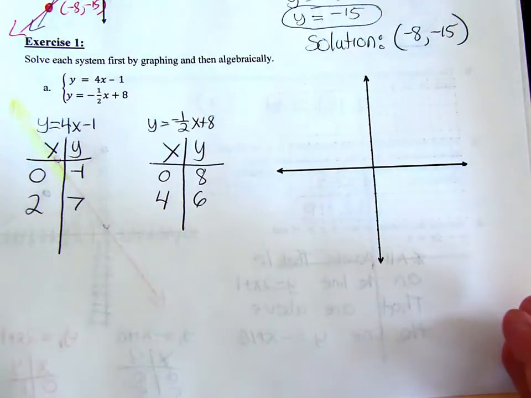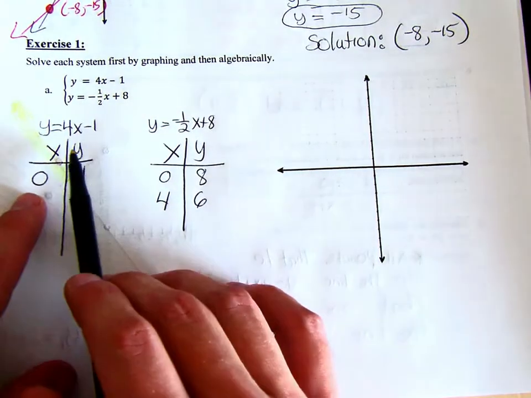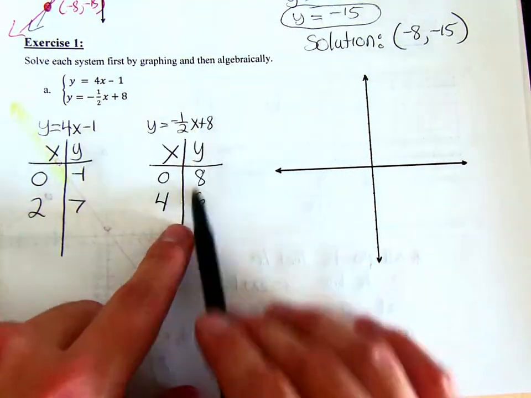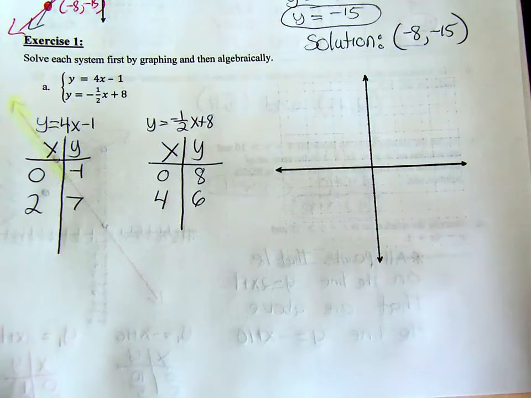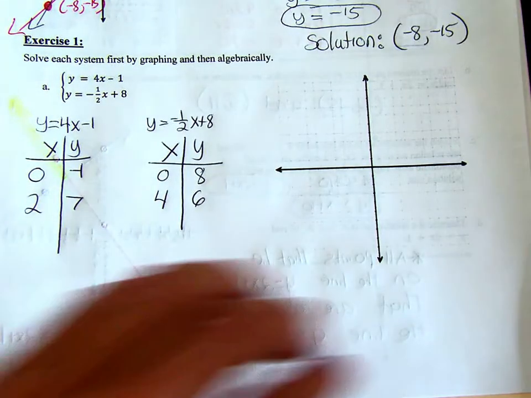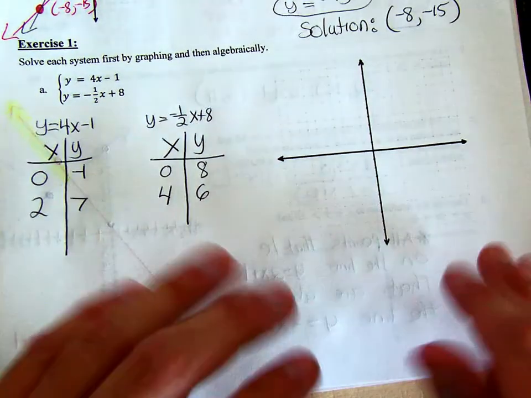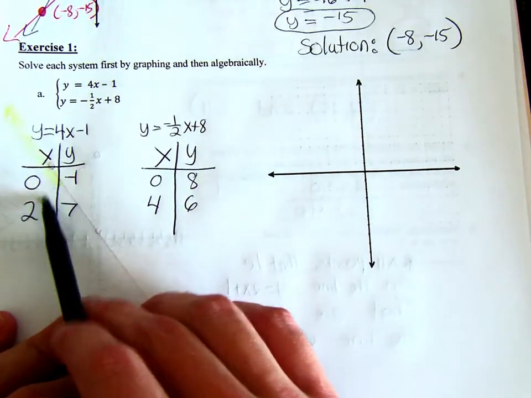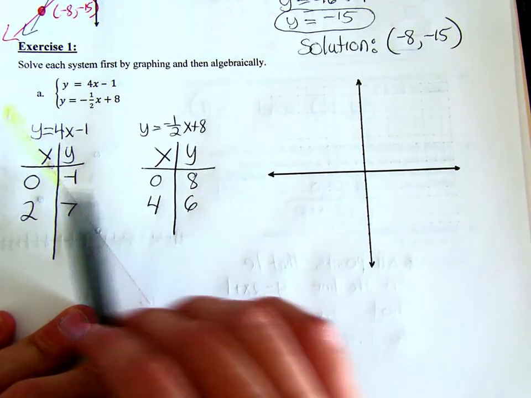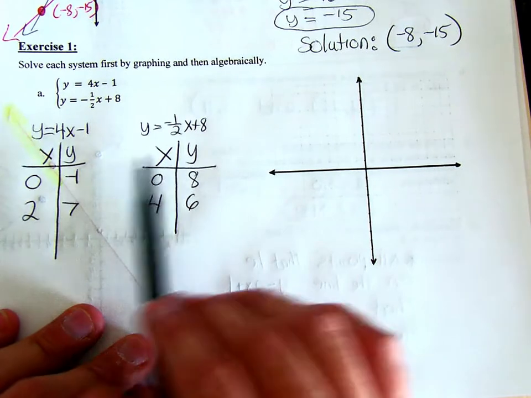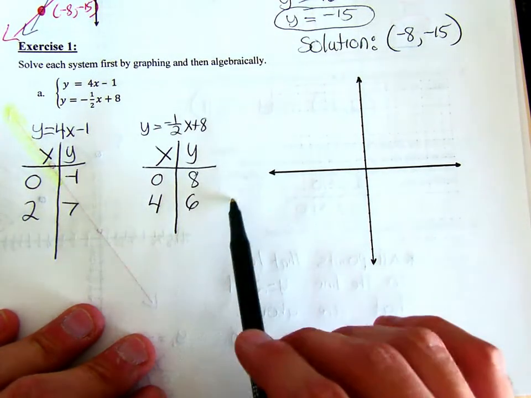Okay. So now what I want to do is I want to graph this first equation and then graph this second equation. So I'll graph this first one in blue. So the first thing that I want to do on my coordinate plane is I want to label my coordinate plane. So I know that if I look at this, I can go up by ones in the x, and I can go up by ones in the y.